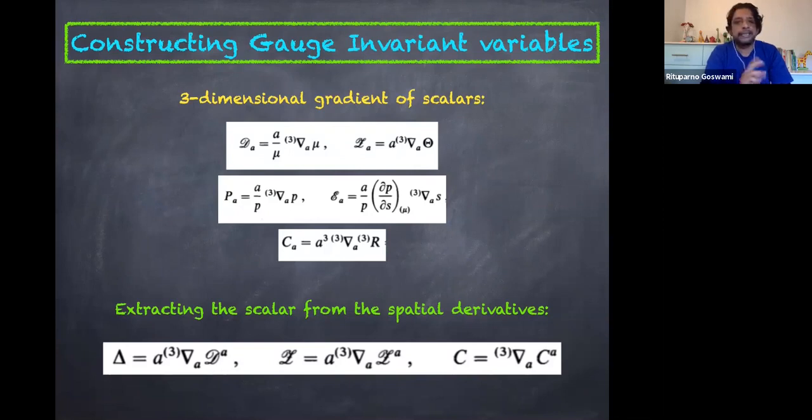Now you can easily see that curly D_a is 0 in the background. In Robertson-Walker, all the spatial gradients are 0. So these curly D_a, curly Z_a, are all gauge invariant quantities, and then we can extract the scalars from these gauge invariant quantities and spatial derivatives, and then we can write the field equations. I'm not going into details with these gauge invariant scalars.